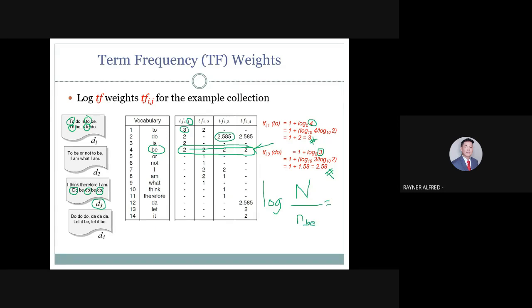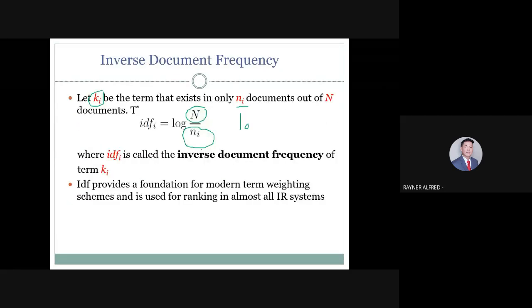The number of documents that we have is 4, and the number of documents that has this keyword is also 4. If you compute log base 2 of 1, you will get 0. So all this will be turned to 0. This expression will become 0 if n equals ni.